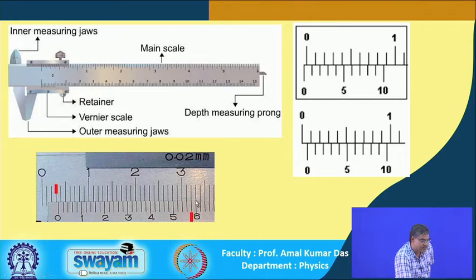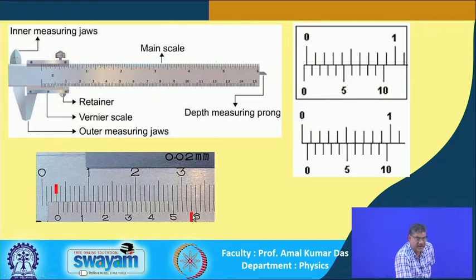But one can take the other one also, so the least count is taken as error. If I take this one, counting 25, 26, 27, 28, 29, this is the 29th vernier line that coincides with the main scale line.